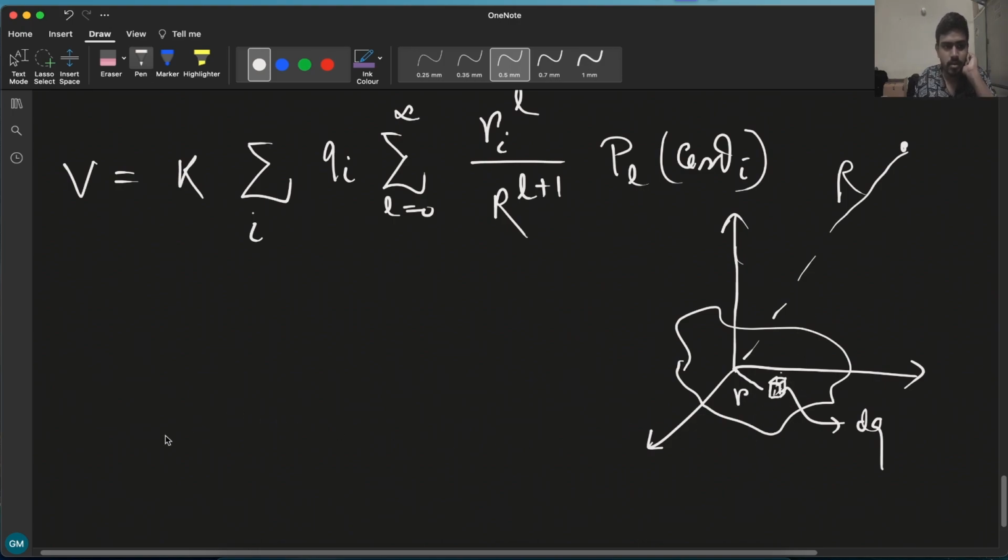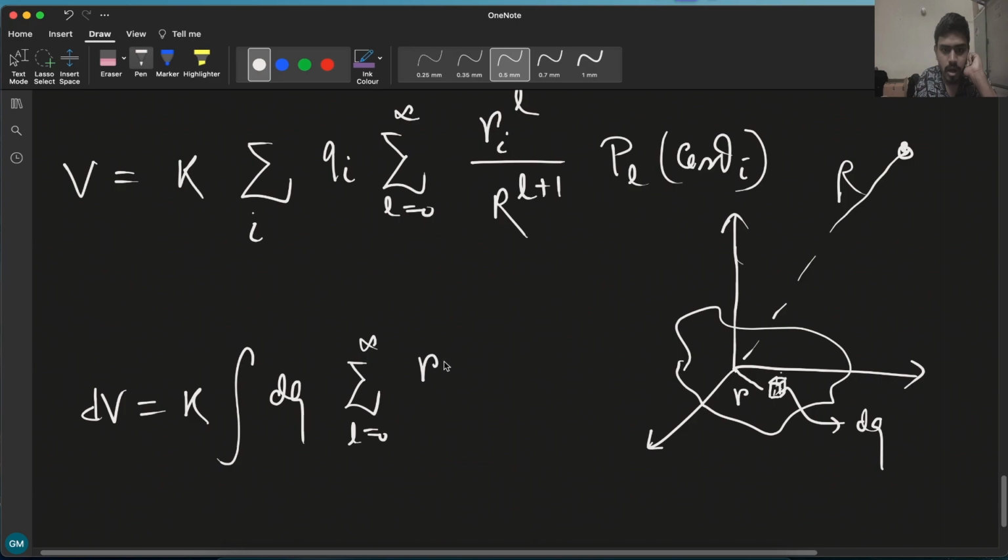So in that case, dV, the potential because of this charge at this point, will be k integration of dq, sum over L equals 0 to infinity of r to the power L divided by capital R to the power L plus 1, times PL of cos theta.